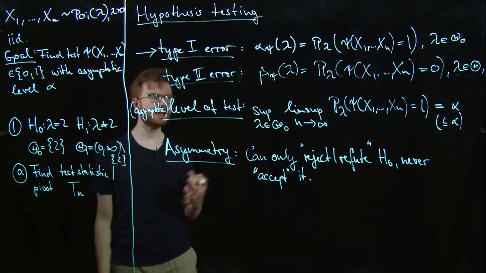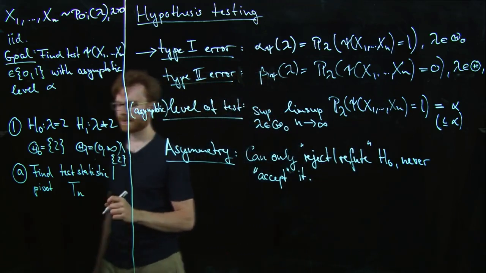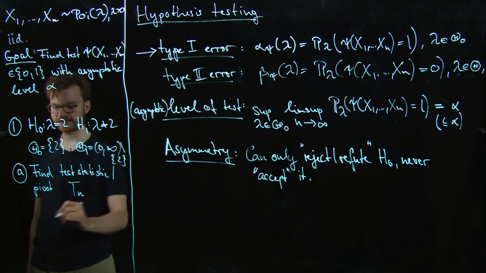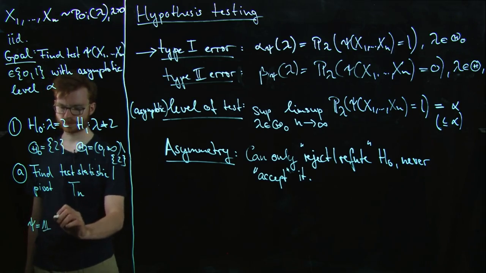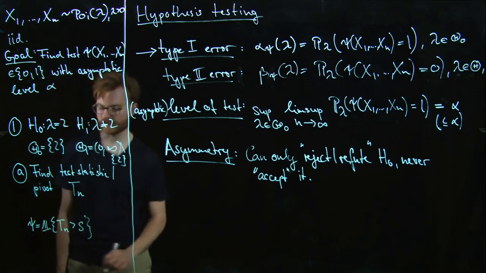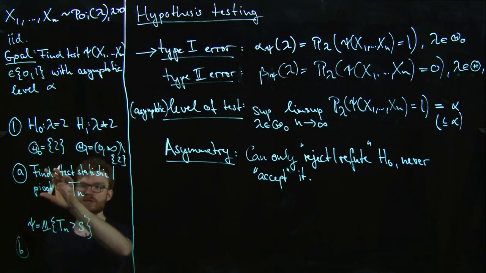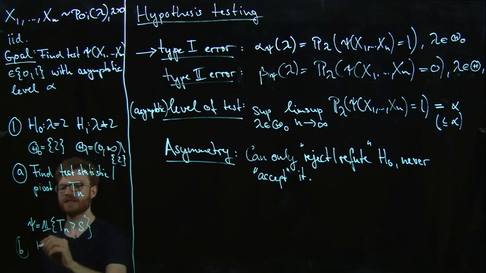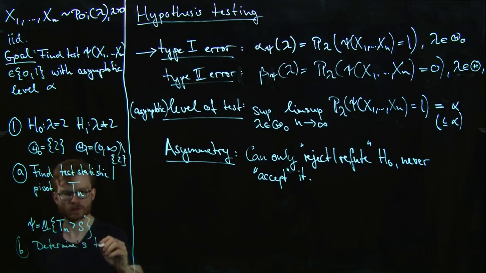In that case, I have an easier time fixing the level of the test. And once I have this, think about this as some kind of distance function, and then my test is just an indicator function of whether my test statistic exceeds a certain threshold S. And then in a second step, that is hopefully guided by the distribution we found for Tn in step A, we determine S to match the level alpha.